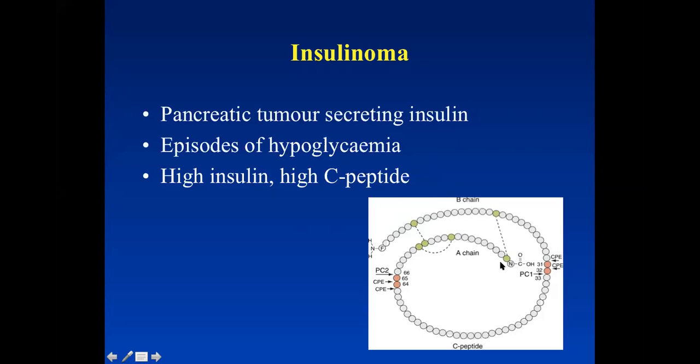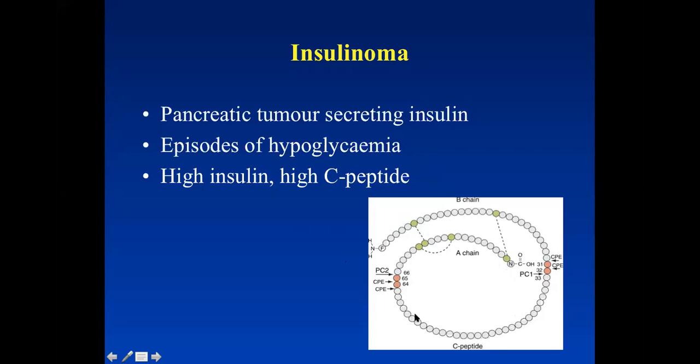which is the binding molecule in the insulin molecule. Okay, so you know this is an insulin molecule. It has an A chain and a B chain, and this is the C-peptide. Okay, so in these patients the C-peptide level is also high.